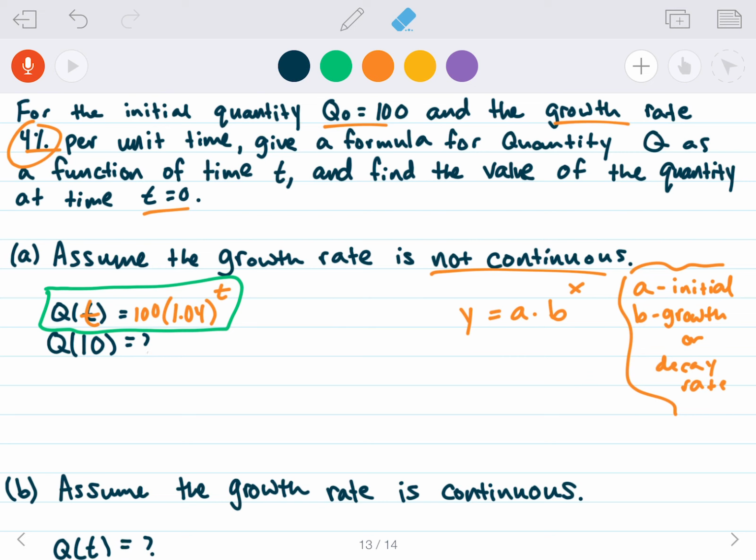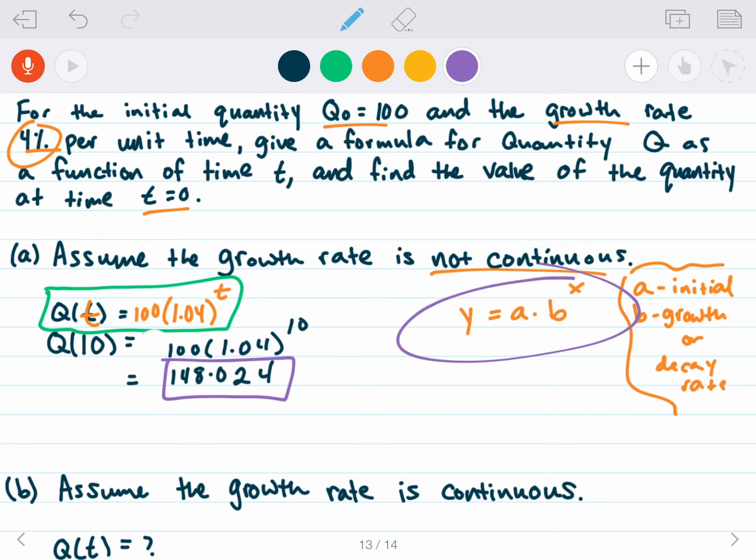So Q of 10 is going to be 100 times 1.04 raised to the 10th power. Let's see what that gives us in the calculator. Times 100. Okay, so I am getting about 148.024 as my answer here. Okay, so that's part A. So that's when we assume it's not continuous. We just use our basic exponential function here, where A is the initial value and B is the growth rate.